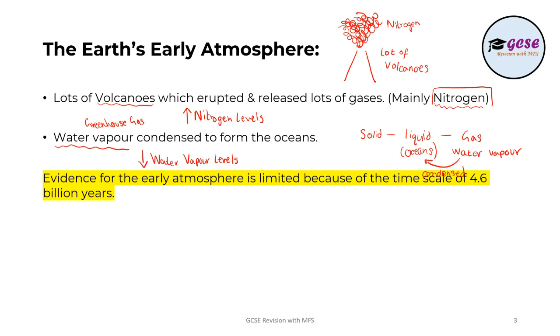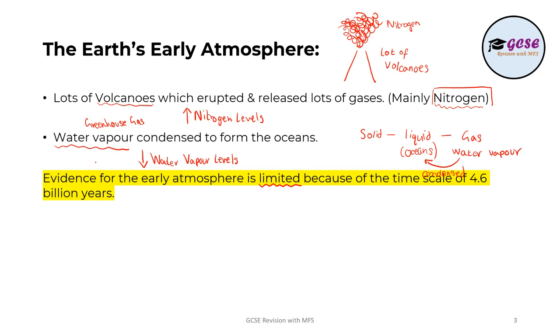So what we can understand is that our knowledge is actually limited because we've only been here for such a short span of time. We've not seen what the early atmosphere used to be like. So that's a drawback, a setback, which has limited our understanding of the Earth's early atmosphere.